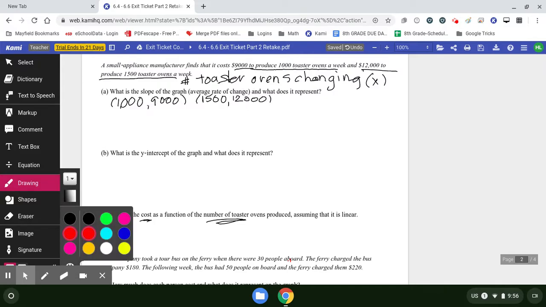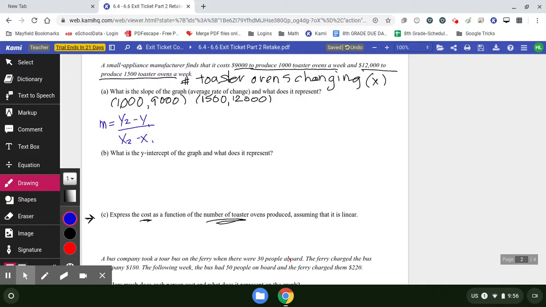Okay? And I'm going to use the slope equation. So I'm going to do y2 minus y1 over x2 minus x1. And you don't have to label, but I'll label them up here: x1, y1, x2, y2.